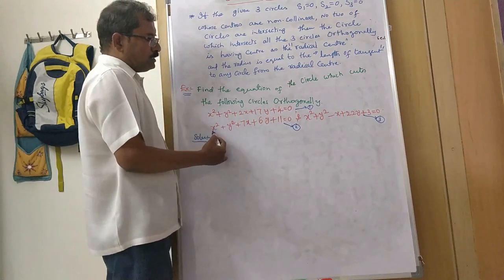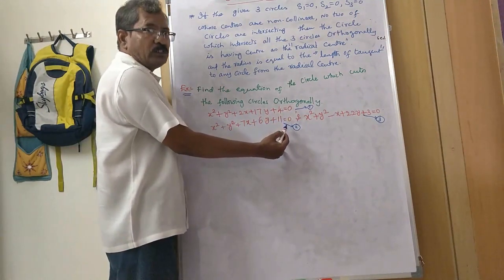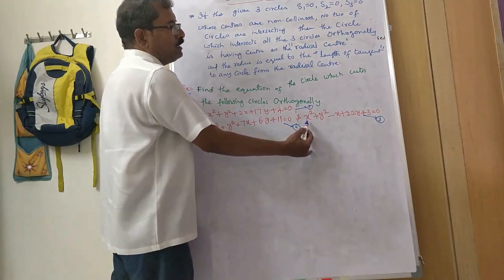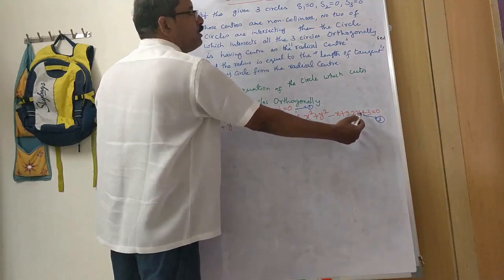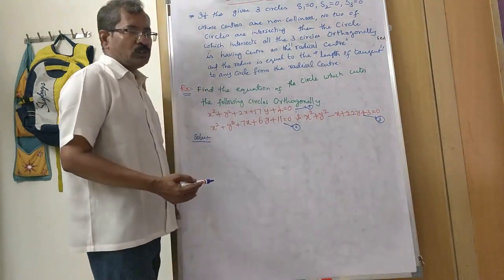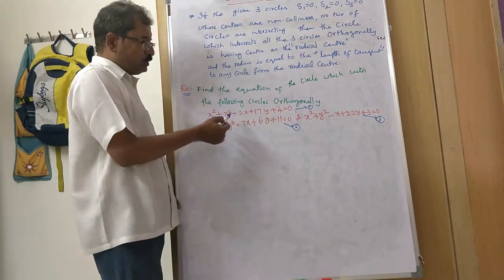The second one is x square plus y square plus 7x plus 6y plus 7 is equal to 0. And the third one is x square plus y square minus x plus 22y plus 3 is equal to 0. Say S1 is equal to 0, S2 is equal to 0, and S3 is equal to 0.